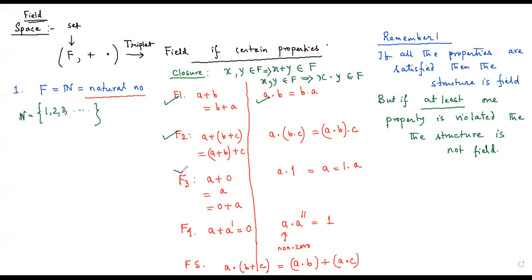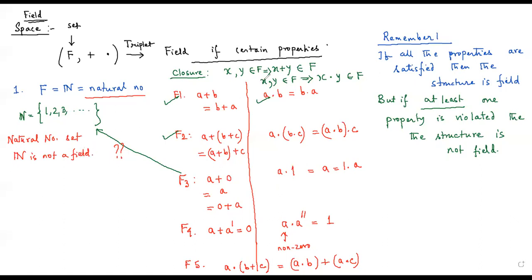So this property is actually getting violated over here. We do not find any such number in the set of natural numbers, and therefore the natural number set N is not a field.